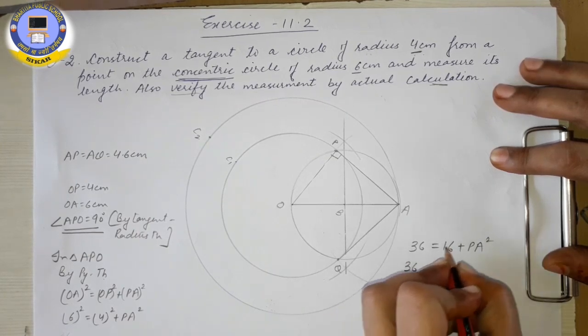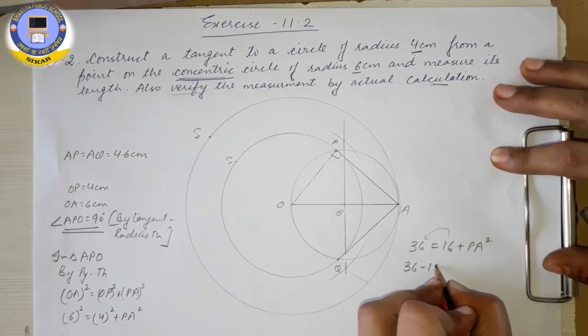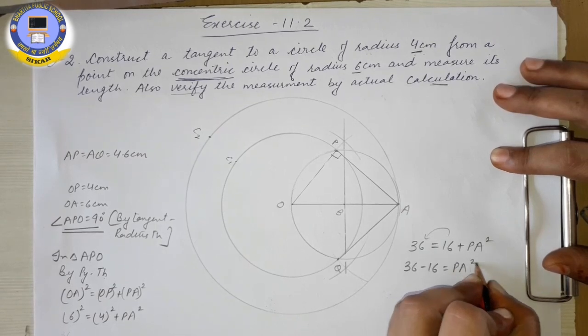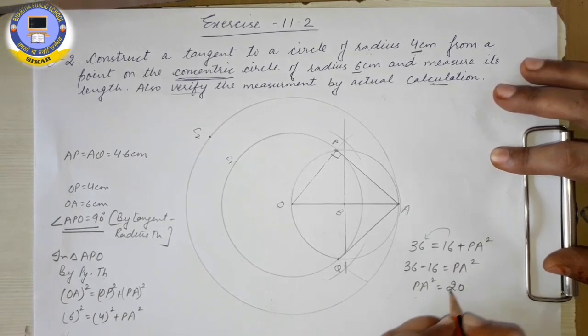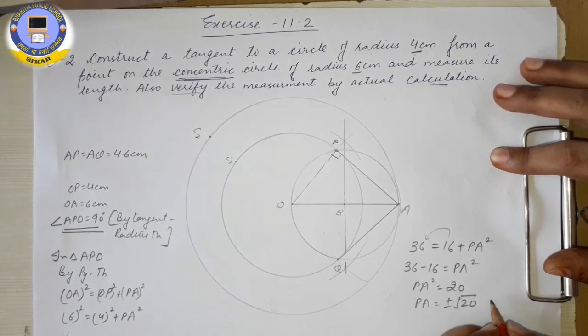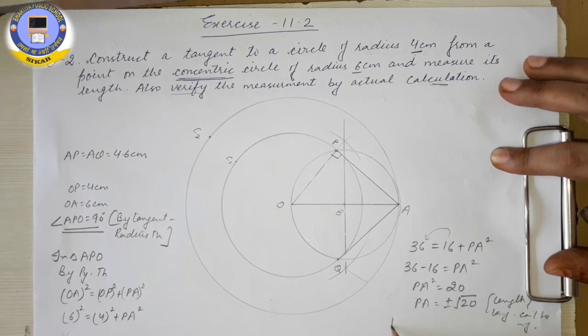So 16 will be shifted that side. 36 minus 16 equals PA square, and PA square is equal to 36 minus 16, 20. PA is equal to plus minus square root 20. But length of tangent can't be negative. So PA is equal to square root 20.